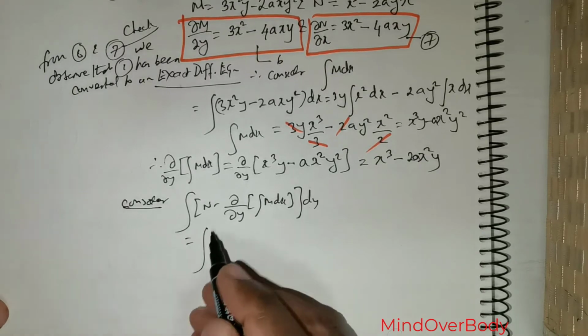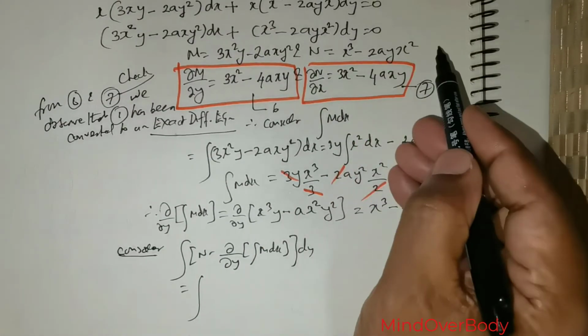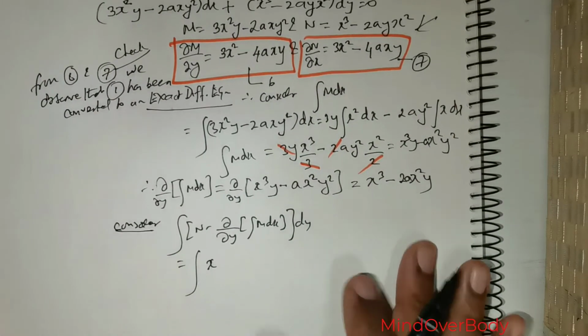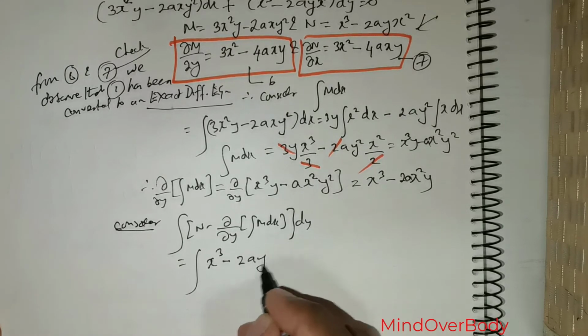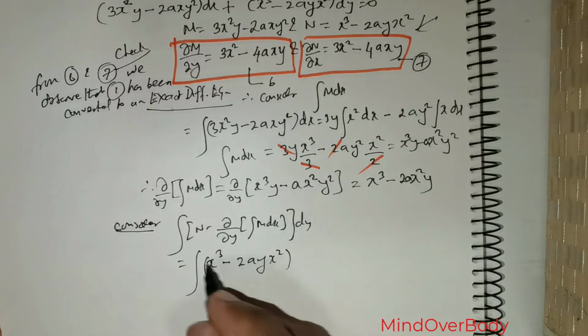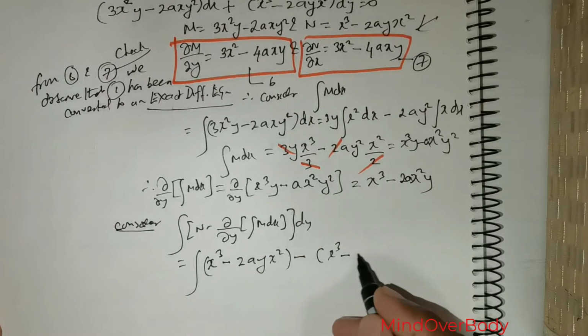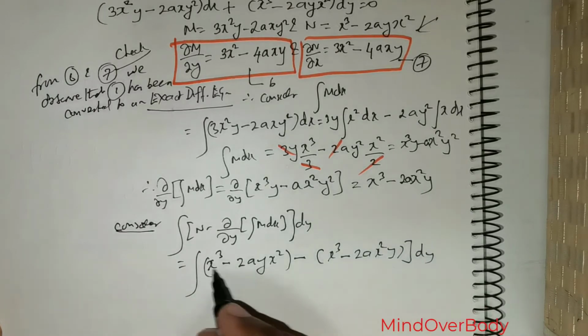So this is equal to the integral, my N is this quantity which you see here, so I substitute that. There's going to be x to the power of 3 minus 2ayx squared, followed by a negative sign. This quantity is going to be x to the power of 3 minus 2a x squared y, has to be multiplied with dy.